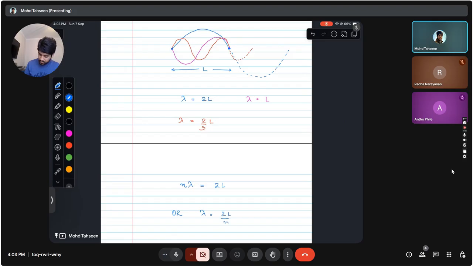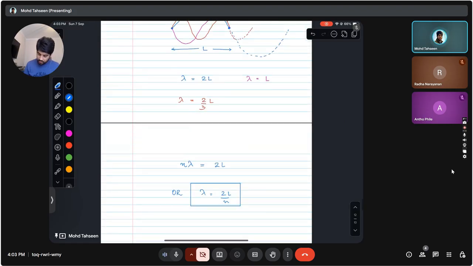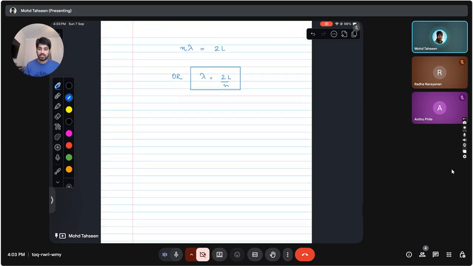So this is the expression. When we had the first mode, n was 1, so this is 2L. In the second mode n is 2, so lambda is equal to L, and similarly for third and fourth, there will be many higher modes as well. So this wavelength has now been quantized, and this is because we have confined it.